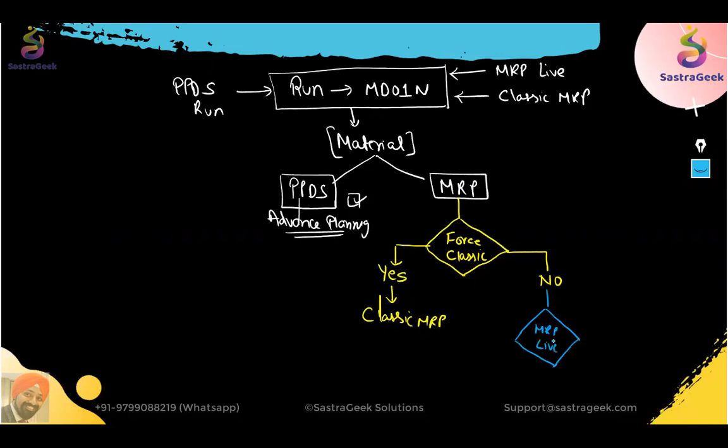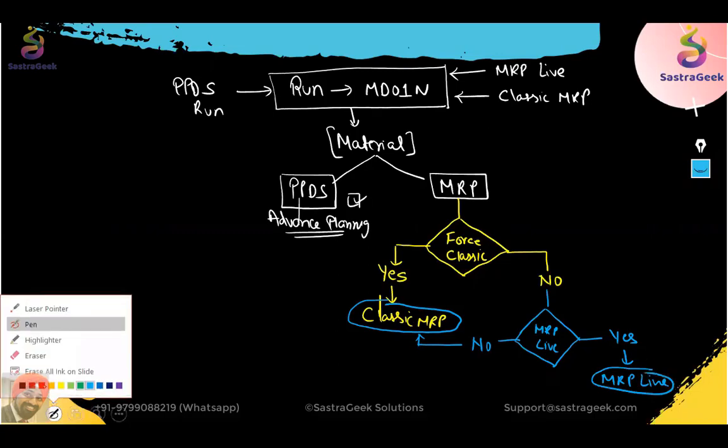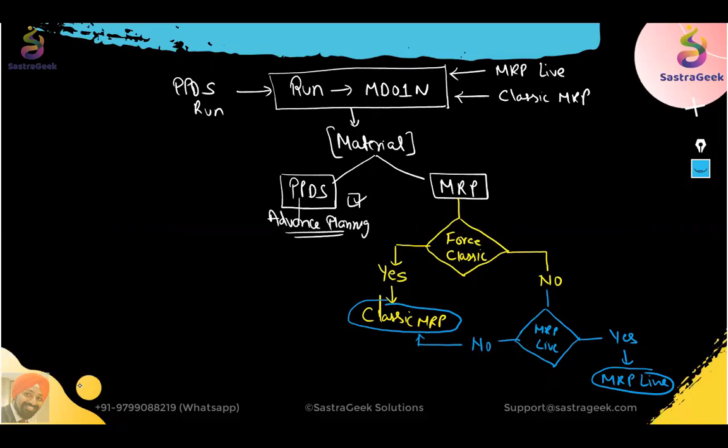If the answer is no, again the system will go and do a classic MRP. If MRP Live can be done, yes, then the MRP Live logic will run. So this is how the system would be checking when you run the MD01N transaction.